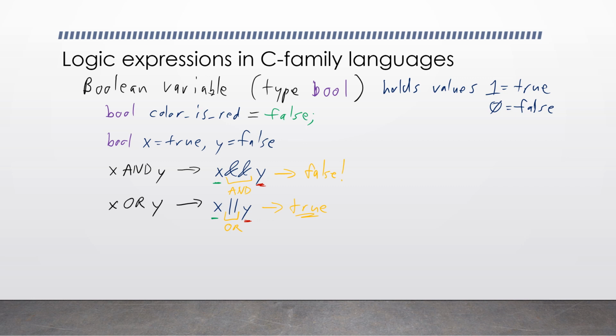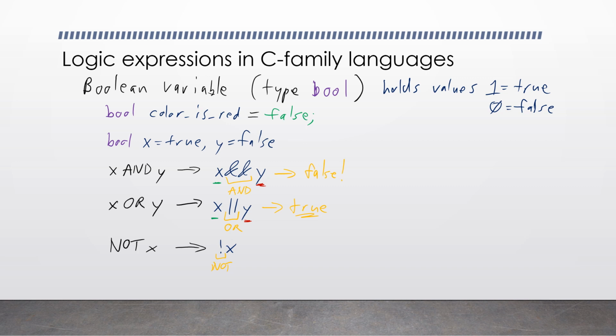Finally, we looked on the previous page at the Boolean expression not x. In C++, we use the exclamation point to represent not. So this is the not operator in C++. And it's actually pronounced, C++ programmers are funny, it's pronounced bang because it's an exclamation point.